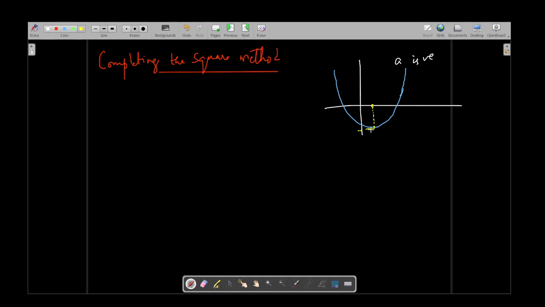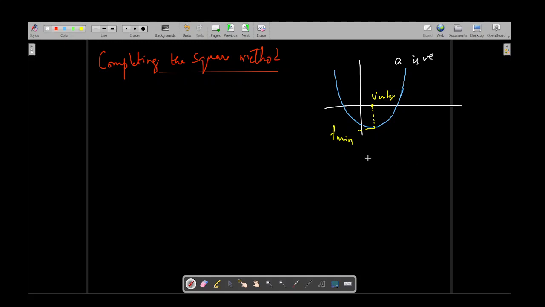This is the minimum value. So here we can say this as vertex point, vertex, and this is the maximum or minimum value. So when a is positive, this is f min.